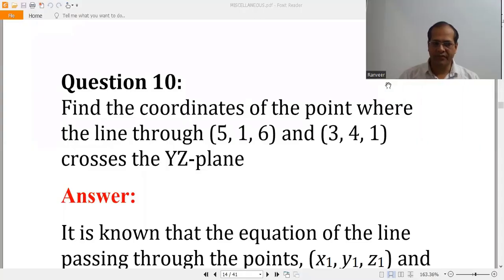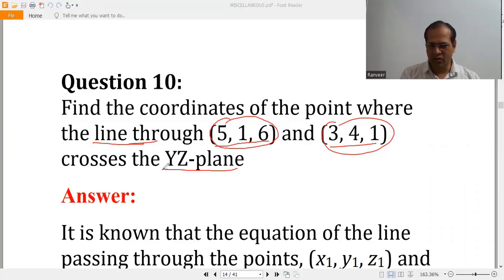Question number 10. Find the coordinates of the point where the line through (5, 1, 6) and (3, 4, 1) crosses the YZ plane. So this is the point, and it is lying on some line, passing through the YZ plane.